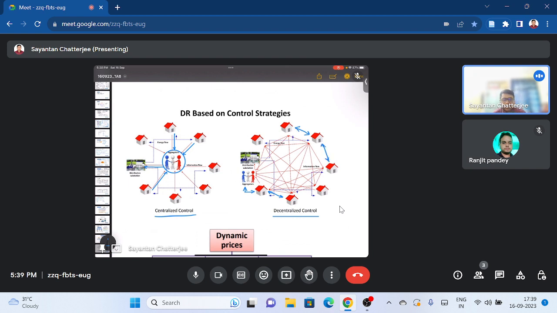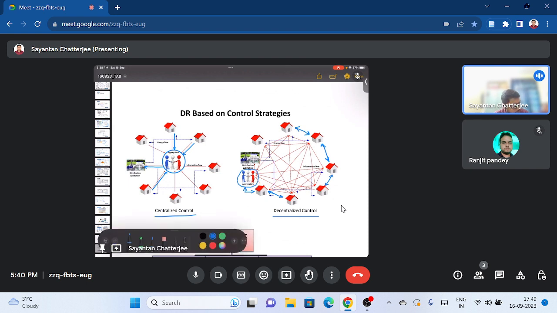So this is a decentralized approach, where each and every individual has that much access, or that much capability, to control their system in a decentralized fashion, and they can pass that information to the centralized controller or the aggregators, and then the aggregators can further deliver that information to the distribution system substation.